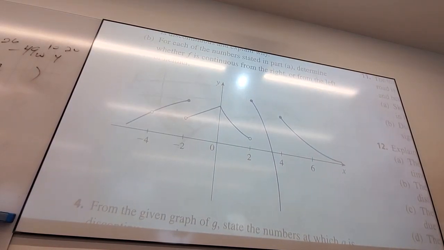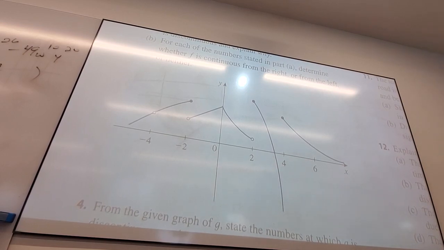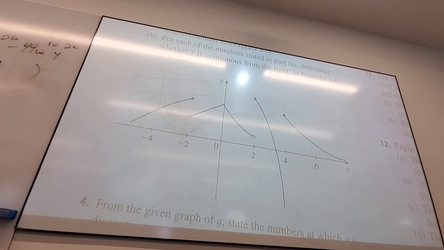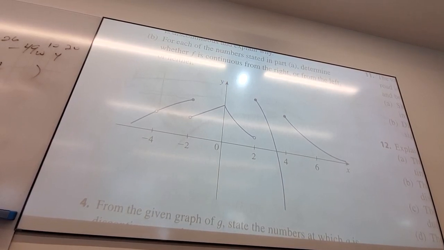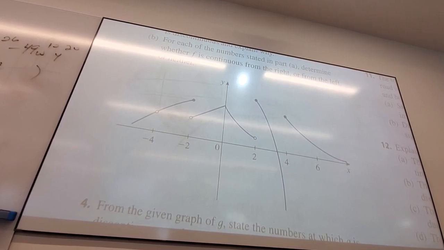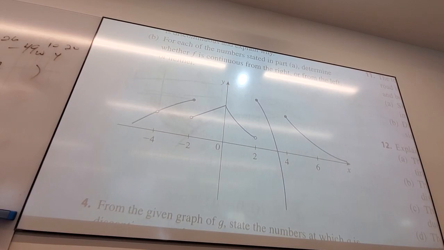To be continuous at a point, does anyone remember, to have a limit exist, what must be true? As you go from both sides, they have to agree, correct? To be continuous there, not only does it have to look as if the function is going there, the function actually has to go there. So not only does the limit have to exist, but whatever number that is, better be what the function is.